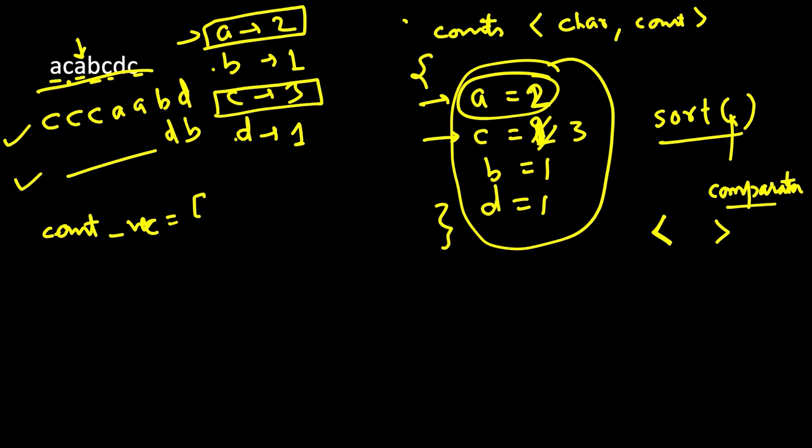But let's say you need some custom sorting. For example, in this case, these are key value pairs, and we want to sort them on the basis of the values, not keys. And also we need to sort them in descending order. That is, C should come first, followed by this. So you can see that here we need custom sorting, so we need to provide a comparator.